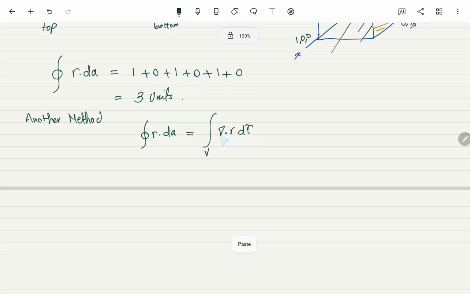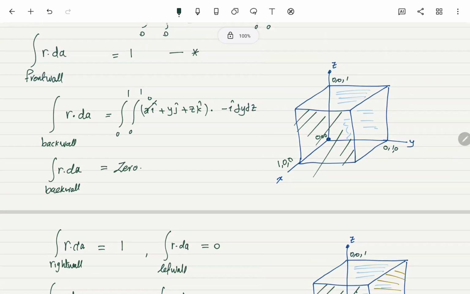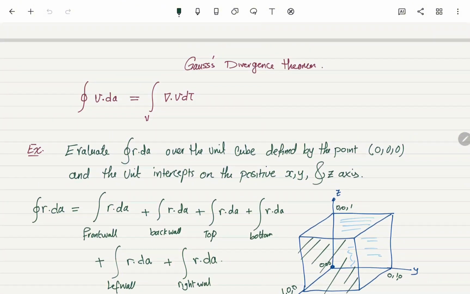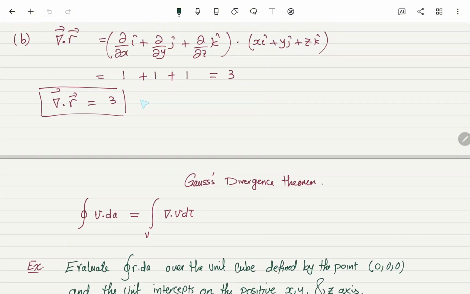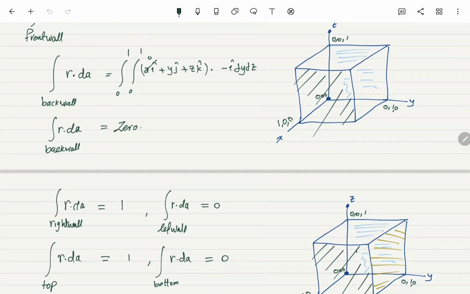Now divergence r, we just proved a few minutes ago. So divergence r is equal to 3.